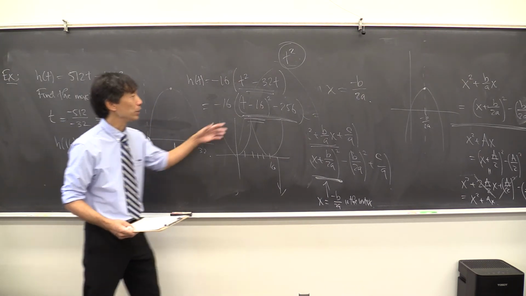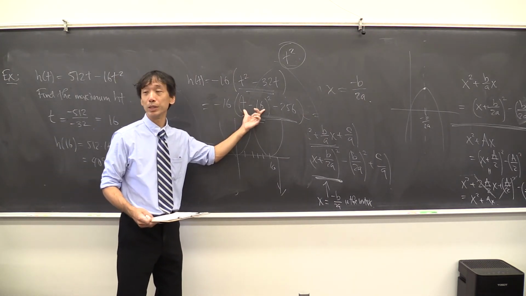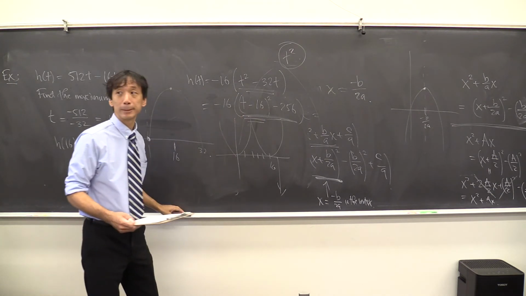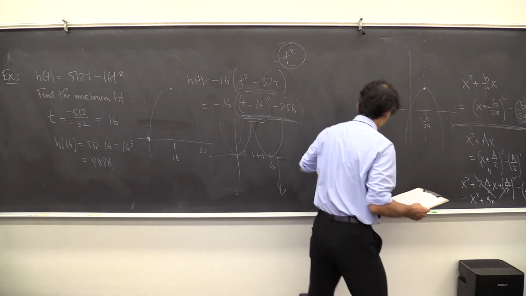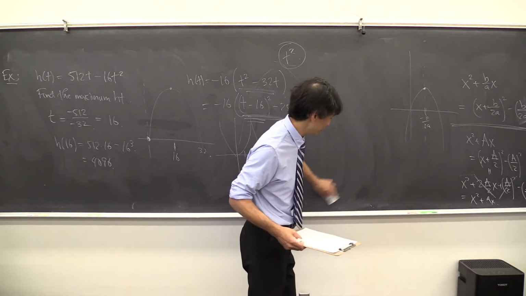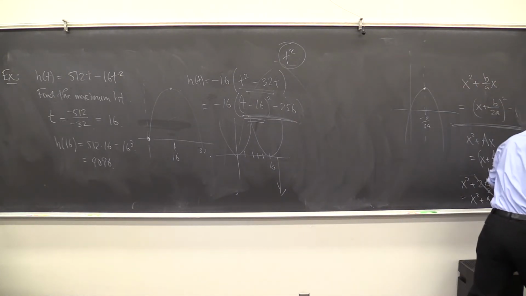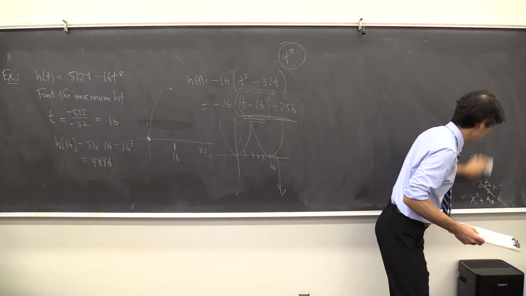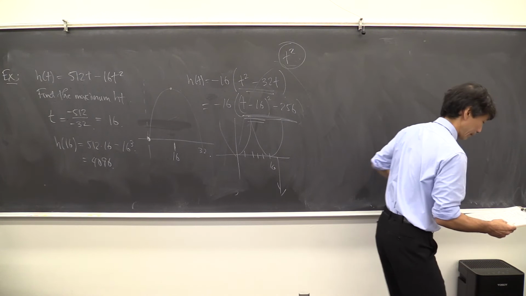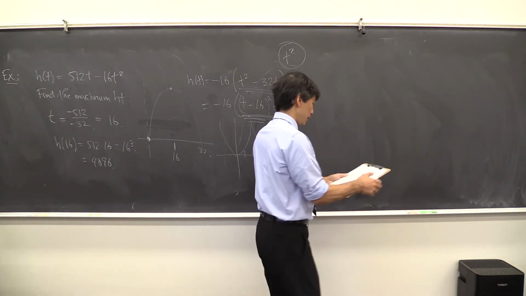So you can see that the vertex is at t equals 16. Yeah, that was the point of all that translation and reflection stuff that we did earlier. That these things could become more easily interpreted.